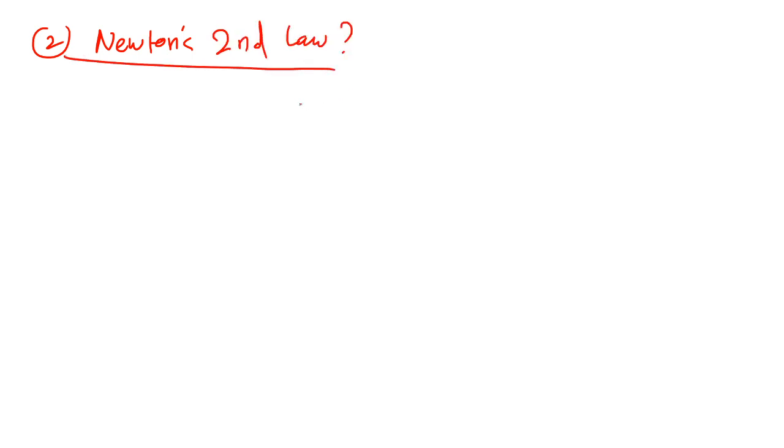Now we're going to do the same thing, find the equation of motion, but not using the energy. We're going to use Newton's second law. Can we use Newton's second law?